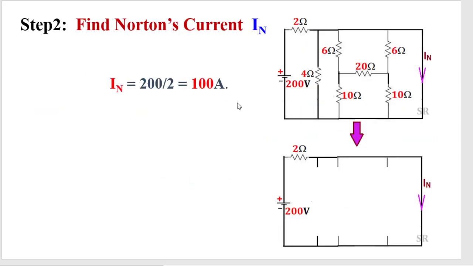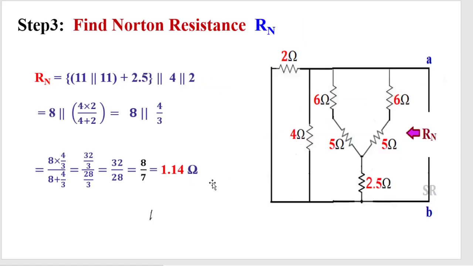So we got In as 100 ampere and Rn as 1.14 ohm.